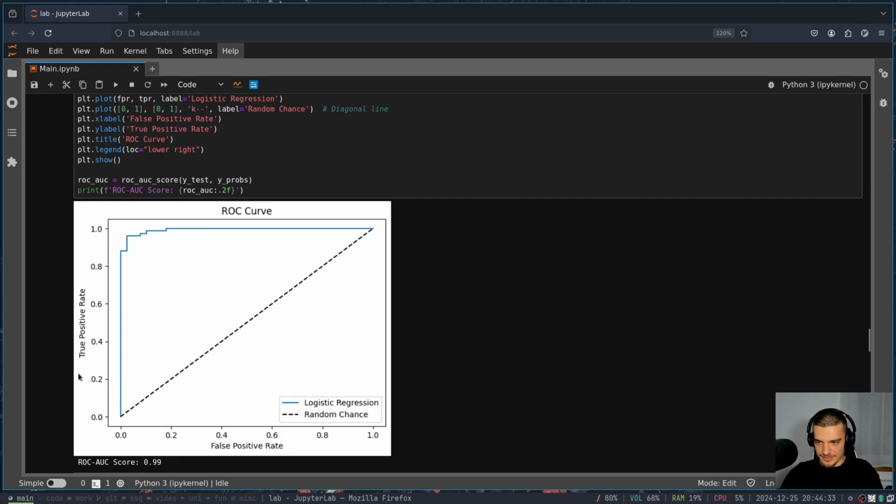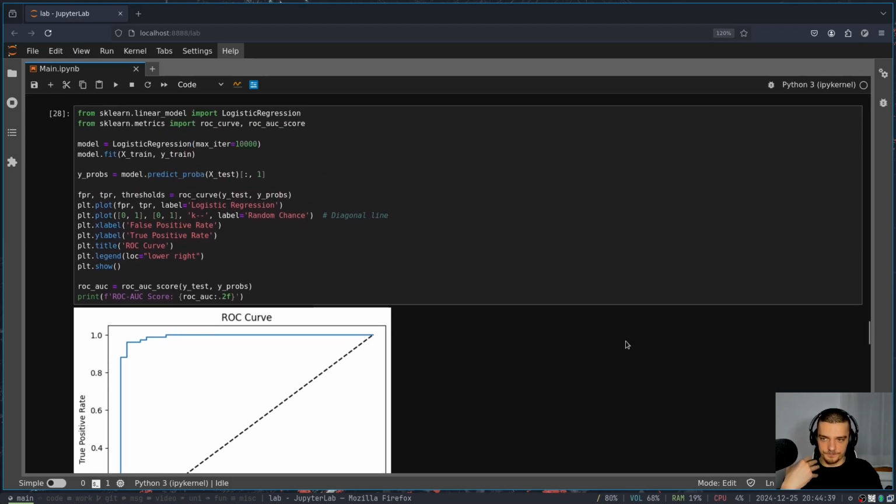So what you see here is you have the true positive rate and you have the false positive rate. And the idea here is that our model doesn't just say it's this class or it's the other class. It doesn't just give us 1 or 0. It tells us the probability for 1 is that and the probability for 0 is that. So it basically tells us, I do have a preference, but here is my estimation.